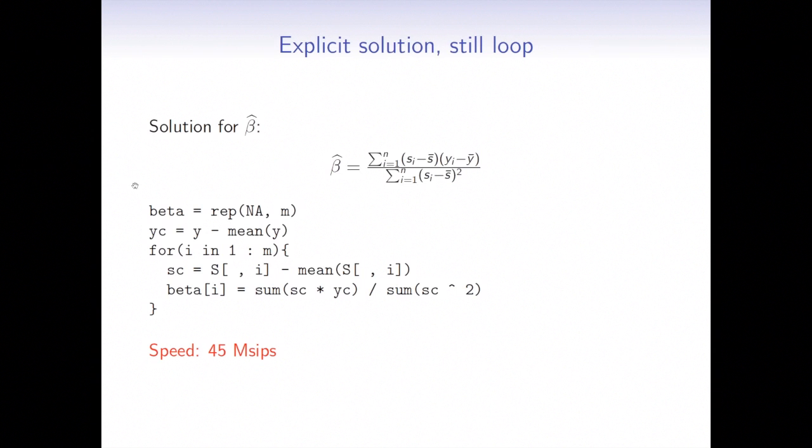I'm just calculating my beta myself. So before the loop I centered the response because that stays the same. And here in the loop I center one SNP at a time, and I solve the model, and I measure the speed of 45 megasips, which is already another improvement.